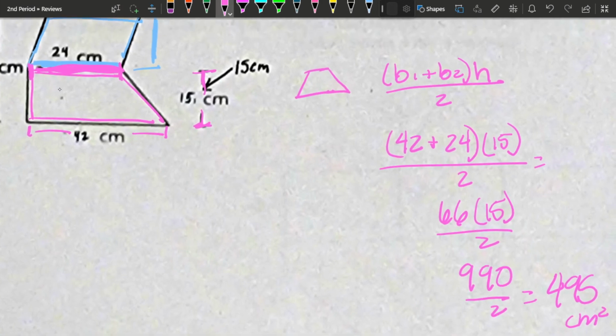So the trapezoid is 495. Any questions on how to find the values for the trapezoid? Formula right here. Base 1 plus base 2. Add them first. Then multiply by the height. And then divide by 2.